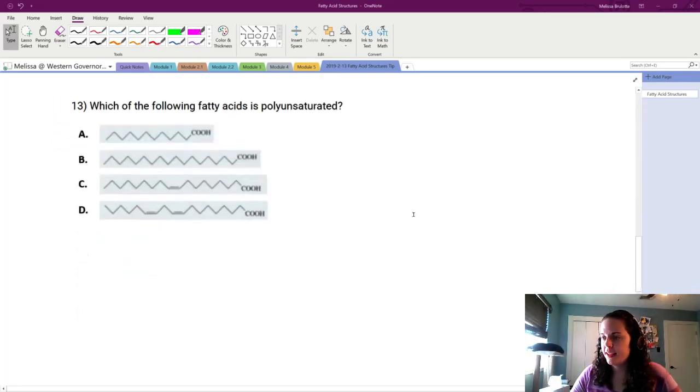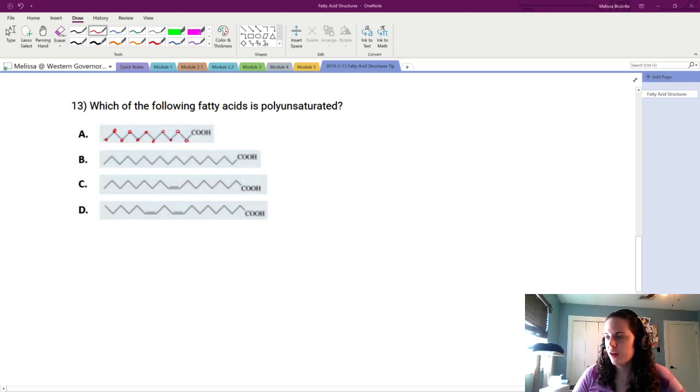Now, another way we can look at these formulas, the third way, is with these just little crinkle structures. And with these crinkle structures, every valley and every peak represents a carbon with the appropriate amount of hydrogens.